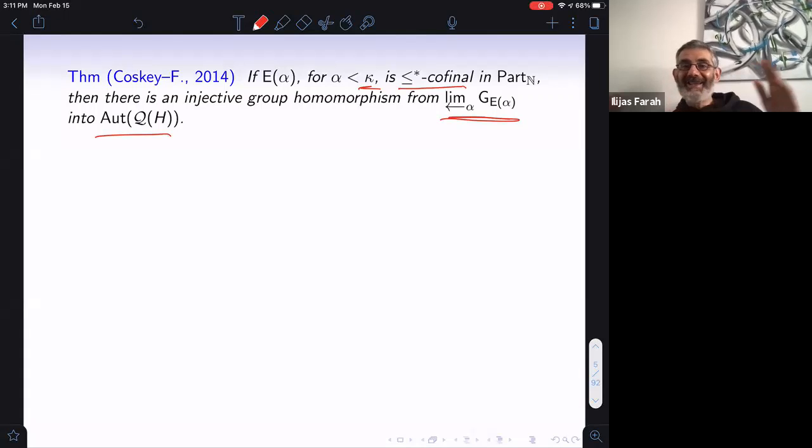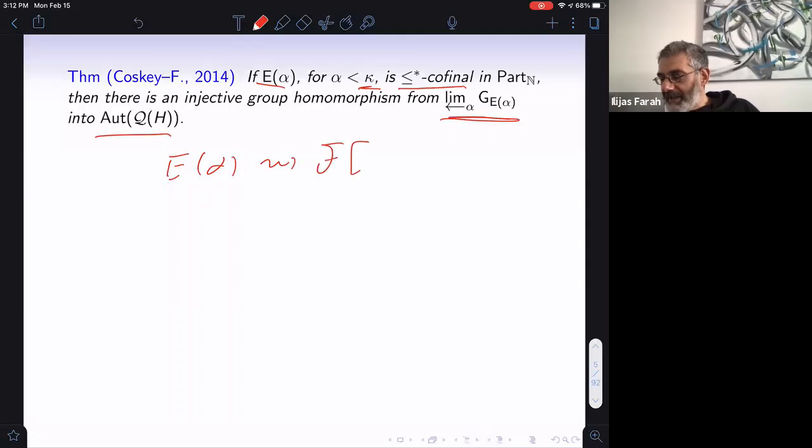Right, because to each of these partitions, E alpha, we associated that Banach subspace F of E alpha, and then to any unitary U alpha, we associate the restriction of the automorphism to this Fe alpha.